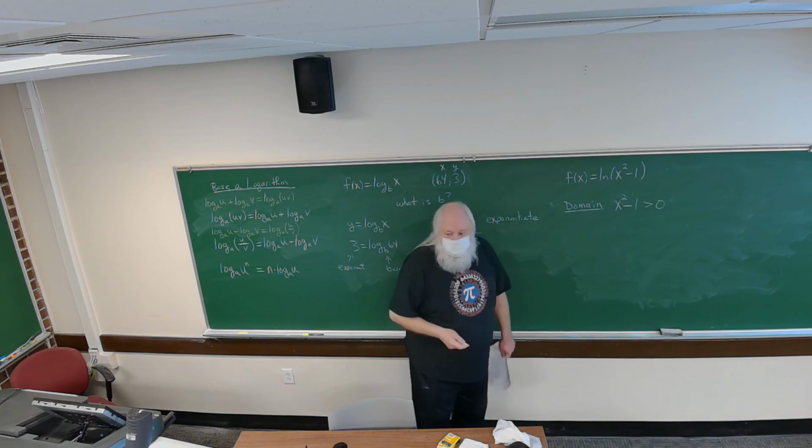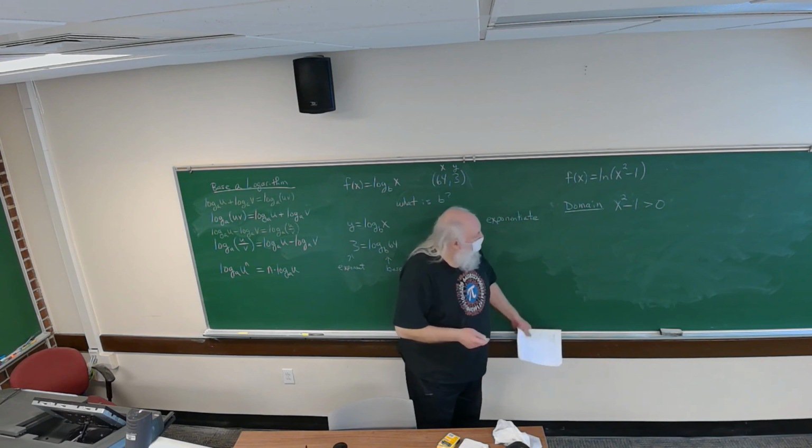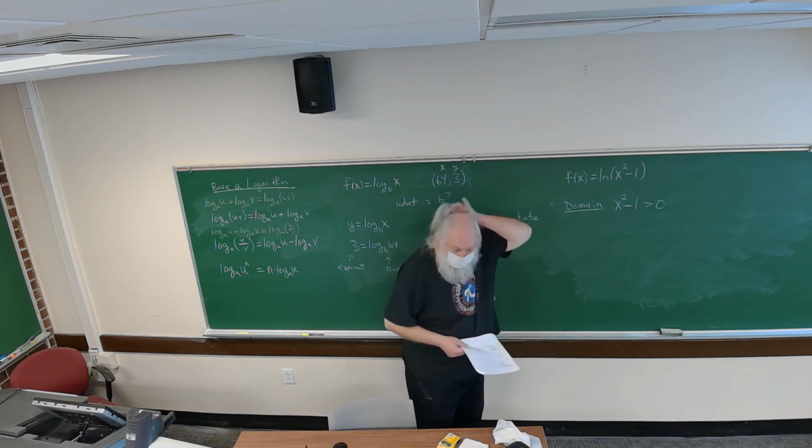Because that in parentheses can never equal 0, and it can never be less than 0. It always has to be positive, greater than 0. And now you've got to solve for x.